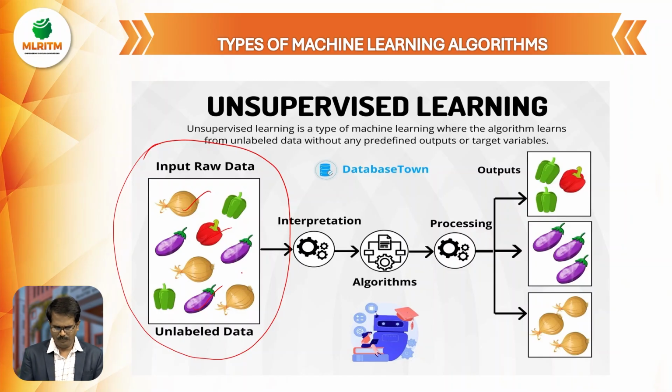Whenever we pass this type of data to the machine learning algorithm, based on the shape, the color, and the structure of the vegetable, it will identify patterns. After identifying the patterns, it will categorize them into three types. So here we are not specifying any output values. We are specifying only data. The algorithm itself learns and identifies based on the features of each vegetable. It will classify the vegetables. This is known as the unsupervised learning algorithm.